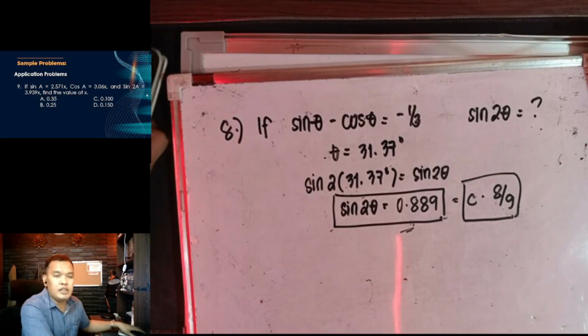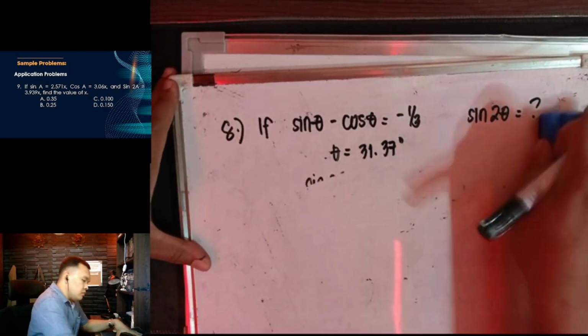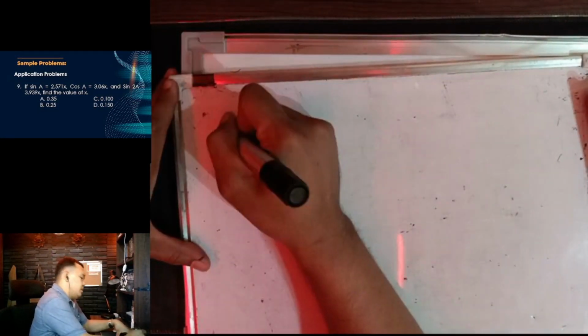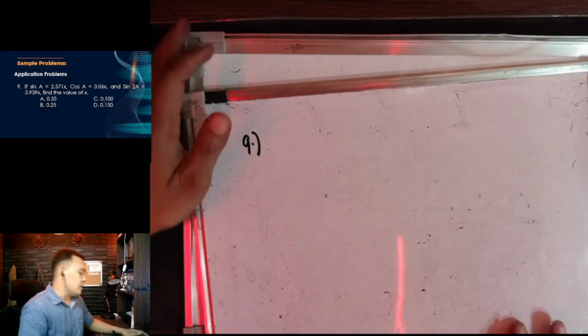Number 9. If sine A is equivalent to 2.571x and cosine A is equivalent to 3.06x and sine 2A is equivalent to 3.939x, find the value of x. Si number 9, hanapin daw yung value ni x.